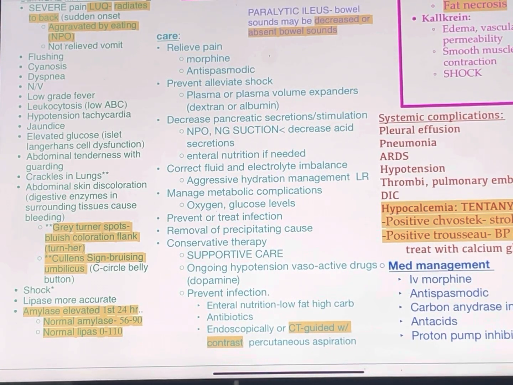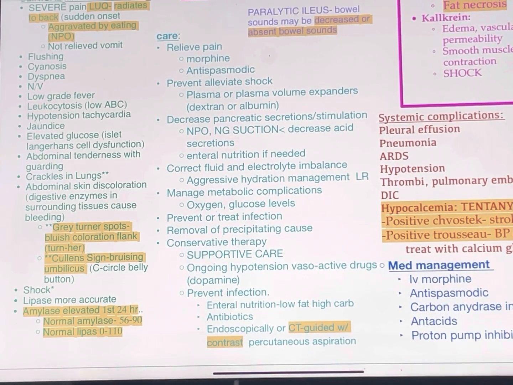Pancreatitis is an acute response. It is reversible. Rest is going to be the best way to achieve that. We also want to correct and monitor any fluid and electrolyte imbalances. Aggressive hydration is going to take place. We are also going to manage any metabolic complications, such as providing oxygen and monitoring glucose levels, prevent and treat any infections, and remove any precipitating causes, such as those stones that we mentioned earlier.